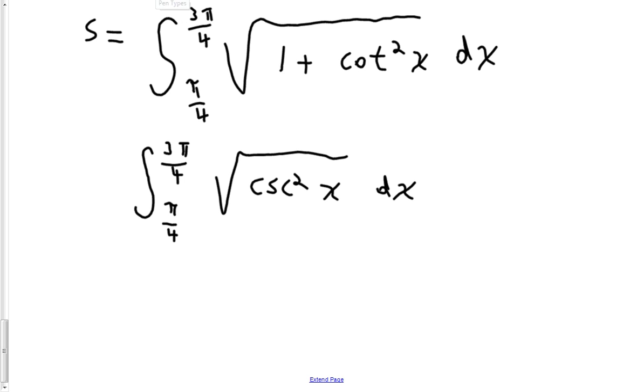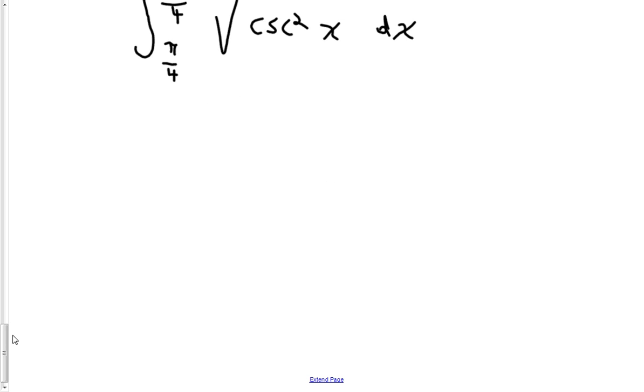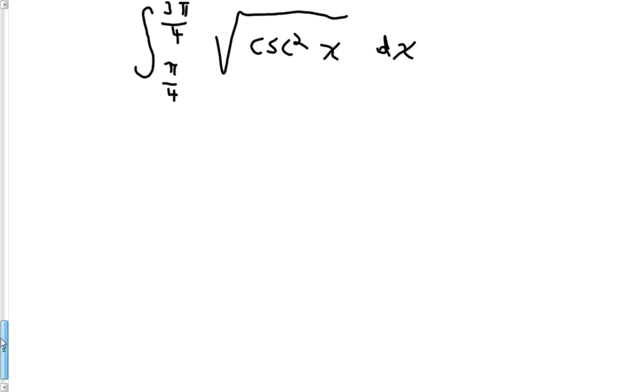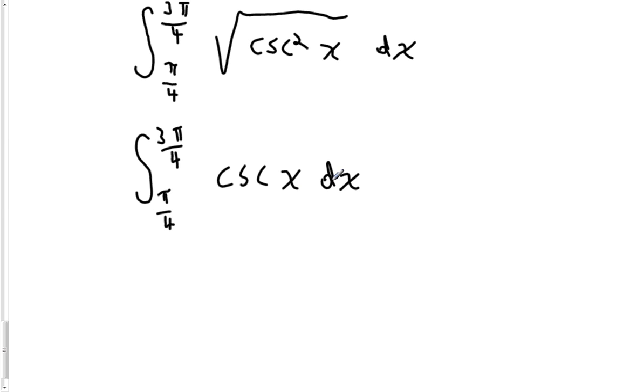So this turns into just the integral from pi over 4 to 3 pi over 4 of the cosecant of x dx, which was one of the integrals that we were supposed to learn from Calc 1.